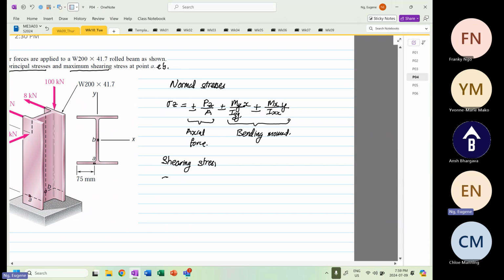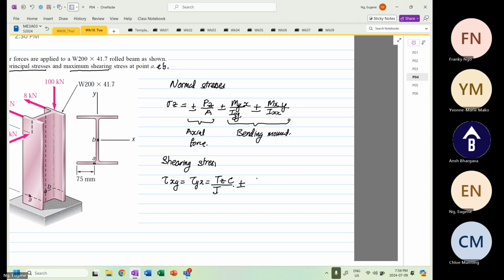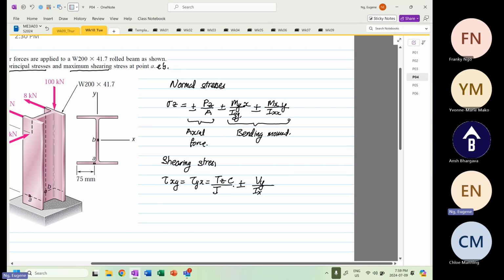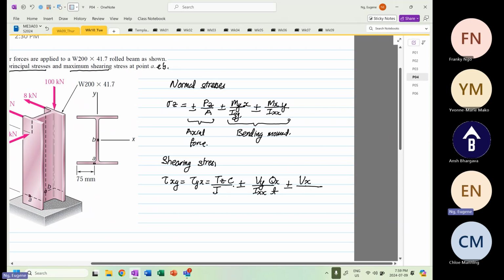So the shear stress xy is equal to the shear stress yx, and this will be equal to the torque in the z direction over J multiplied by a distance y or distance c, plus minus Vy over Ixx Qx over t, plus minus Vy or Vx over Iyy Qy over t.